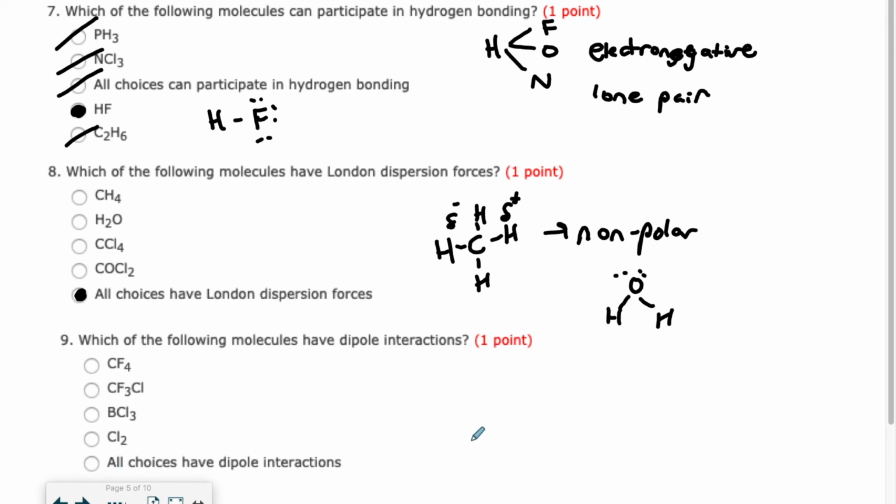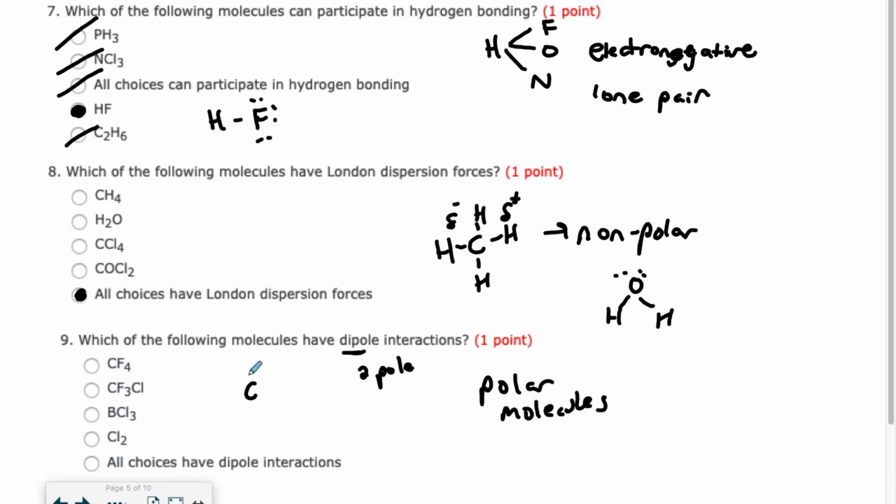All right, for our next question, which of the following molecules have dipole interactions? Now, in order to have a dipole interaction, that means it has to have 2 poles, because that's what a dipole means, and they have to be permanent dipoles. That means that we are looking for polar molecules. So in order to answer this question, you would have to think about what the structure for each of these would look like.